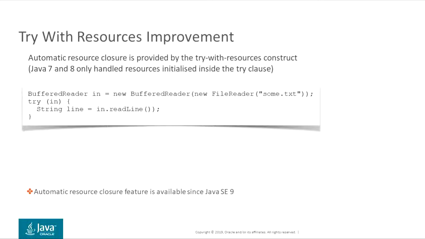So that is really handy, because previously you actually had to do the whole thing inside the try block parameters, which was, well, just less convenient, I guess. Now it's a small improvement, but handy.